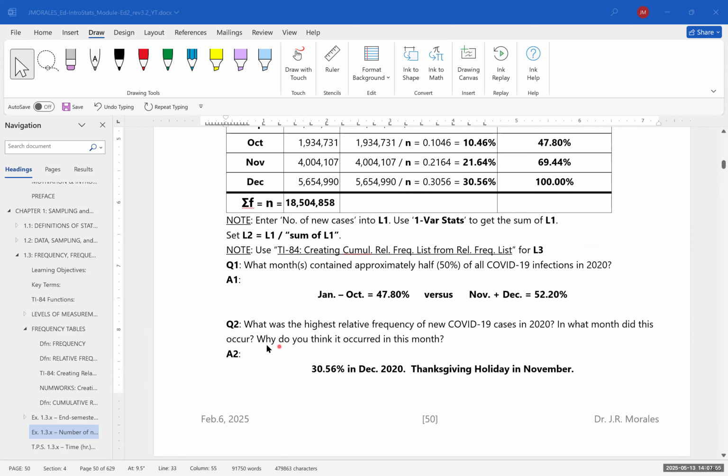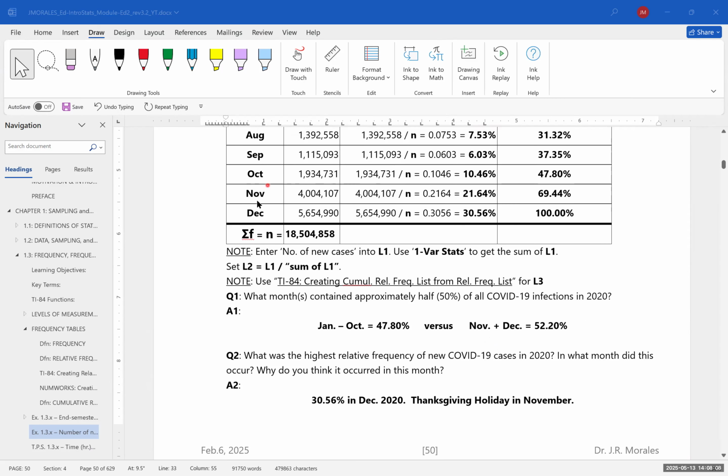And it's like, well, why do you think it occurred in this month? The reason I think it occurred is because of the Thanksgiving holiday. I think a ton of people got together, shared indoor space during Thanksgiving, which is at the end of November, thereby exposing one another to COVID-19.